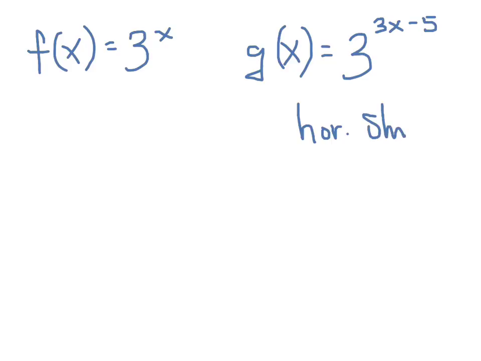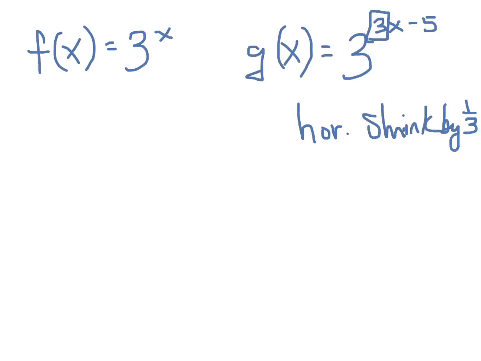Shrink by what? 1/3. Remember, when you're inside the horizontal, this is the 3 that they're referring to. That's the horizontal shrink. So therefore, when it's got a 3, then when you report it, you put by 1/3.